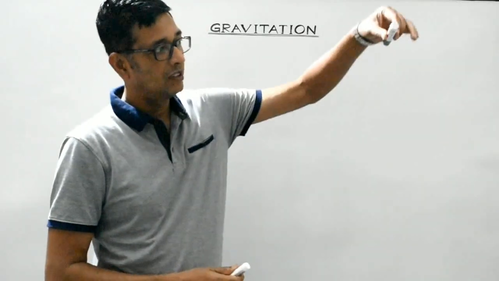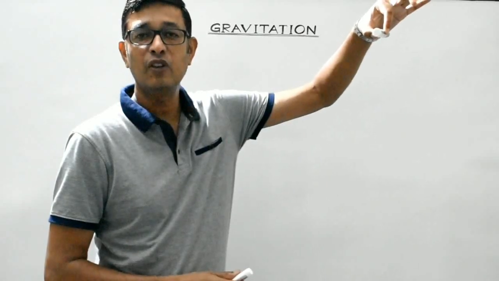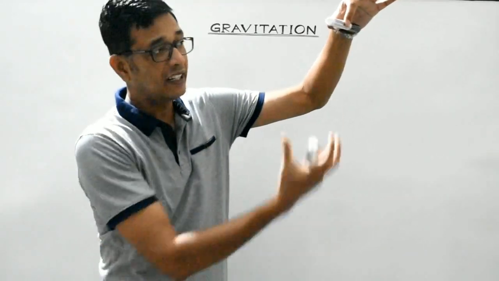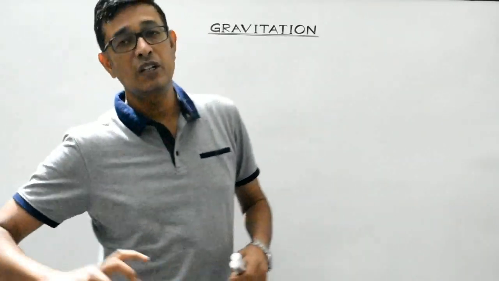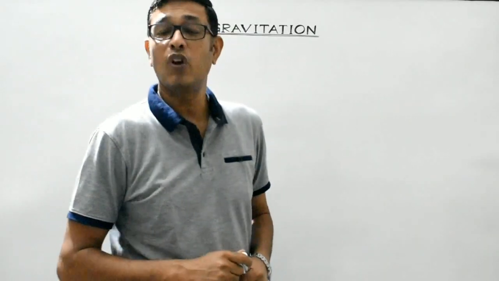So students, let's discuss some common daily life observations, right? Suppose I simply leave this pen or this marker, then what will happen? It will simply fall downwards. It will get attracted towards the earth, isn't it? Similarly, when a ball or a stone is thrown in the vertically upward direction, then what happens?